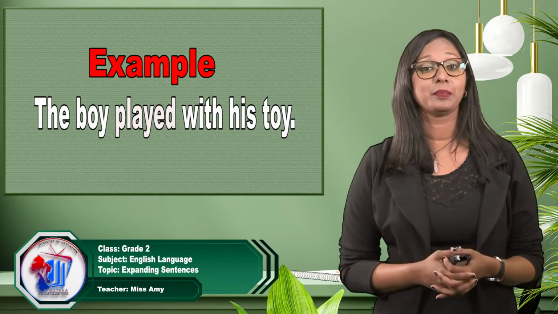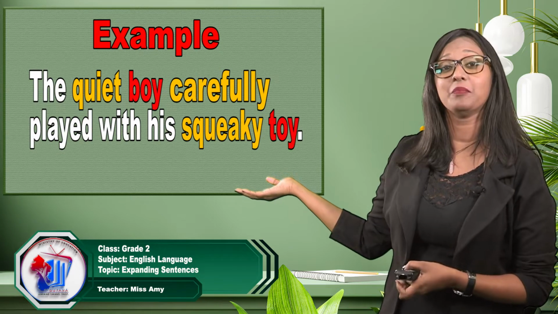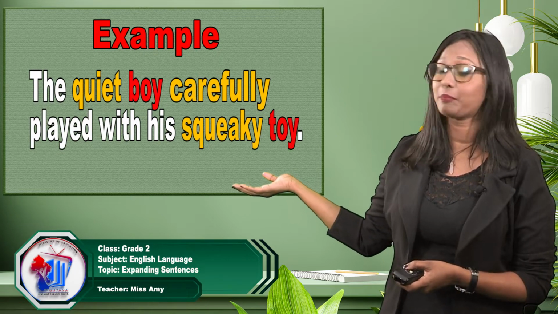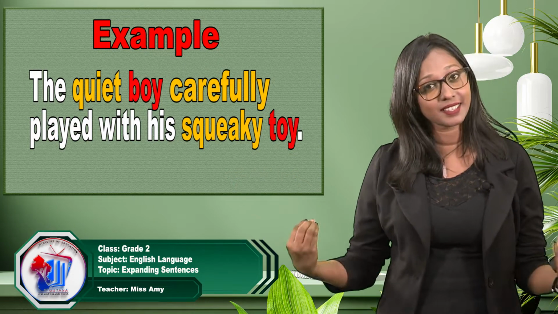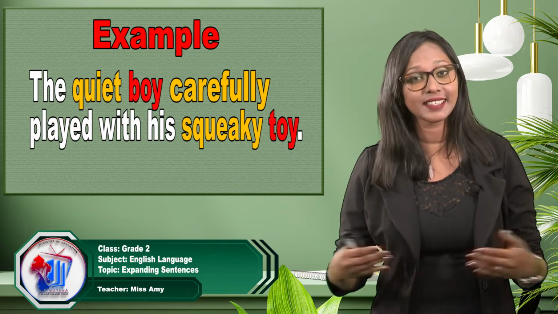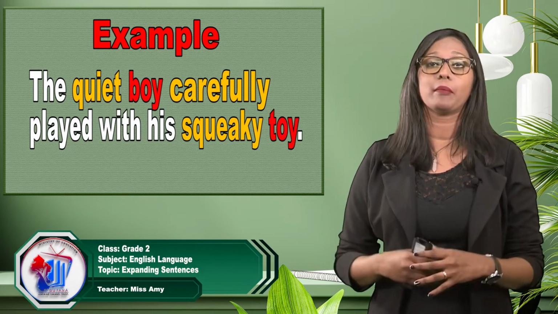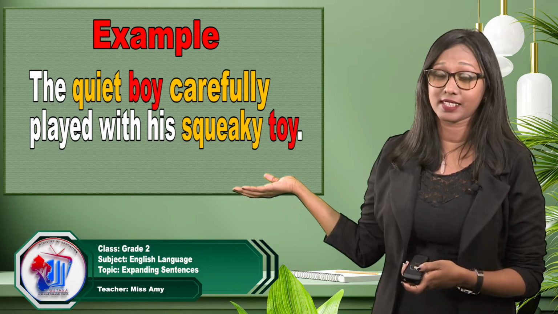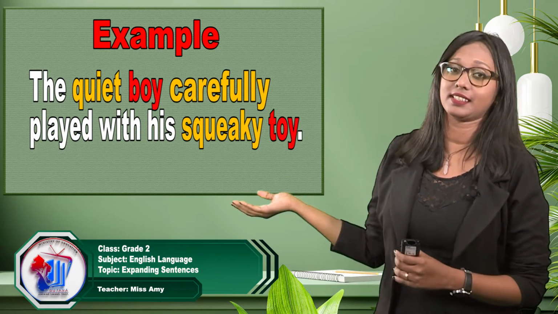The boy played with his toy. See how many more things we can learn about the boy and his toy when we expand the sentence. So by expanding a sentence, boys and girls, we can learn more about the subject of the sentence, and we can get more information in the sentence.